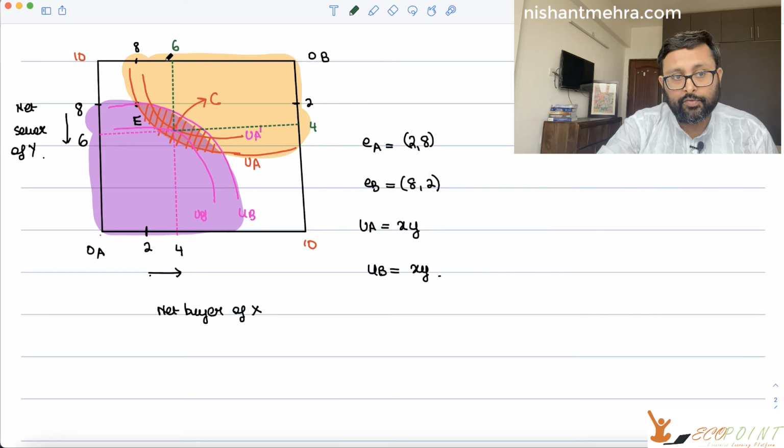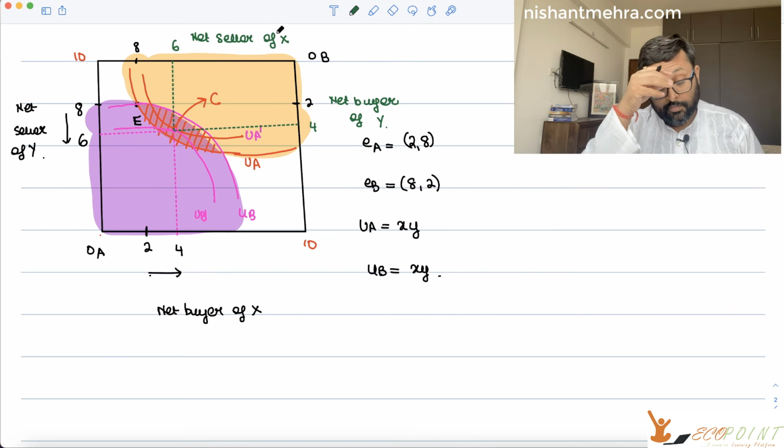So you don't want that much of x, right? Here, you were born with 2 units of y, but you want 4 units of y. So you want more of y. So you are the net buyer of y and the net seller of x.